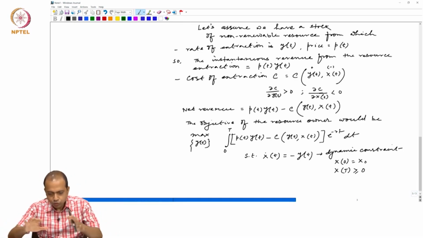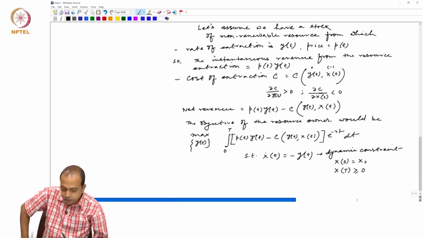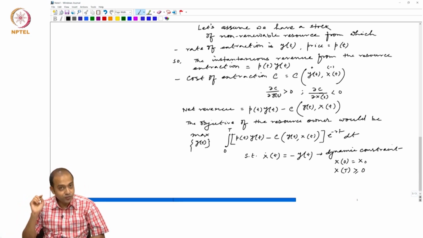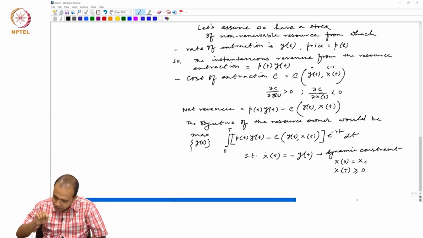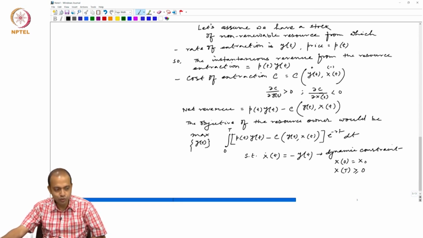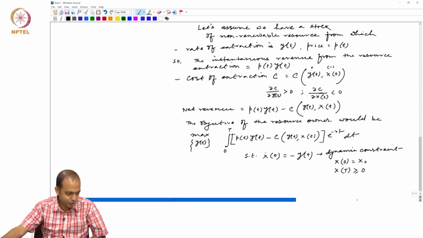So, what we will do to optimize this objective functional? The first step is to set up the Hamiltonian function, the current value Hamiltonian, and then we will differentiate the current value Hamiltonian with respect to YT and set it equal to 0.